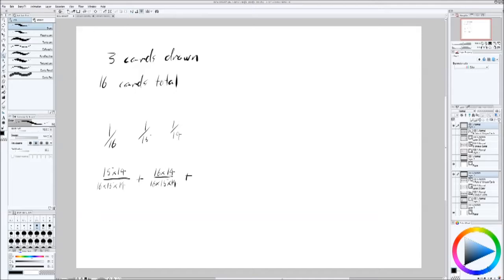You'll notice on the top is whichever one is present on the bottom originally. So then that's 16 times 15 over 16 times 15 times 14.